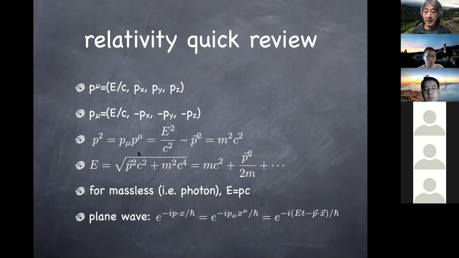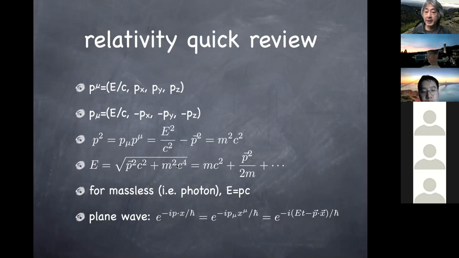And that's because, as I'm sure you know, the energy of the relativistic particle is given by the square root of p squared c squared plus m squared c to the 4th. When you take a non-relativistic approximation, then m is much bigger than p. So the zeroth order term is the square root of this thing, that's mc squared, the famous Einstein equation E equals mc squared at rest.